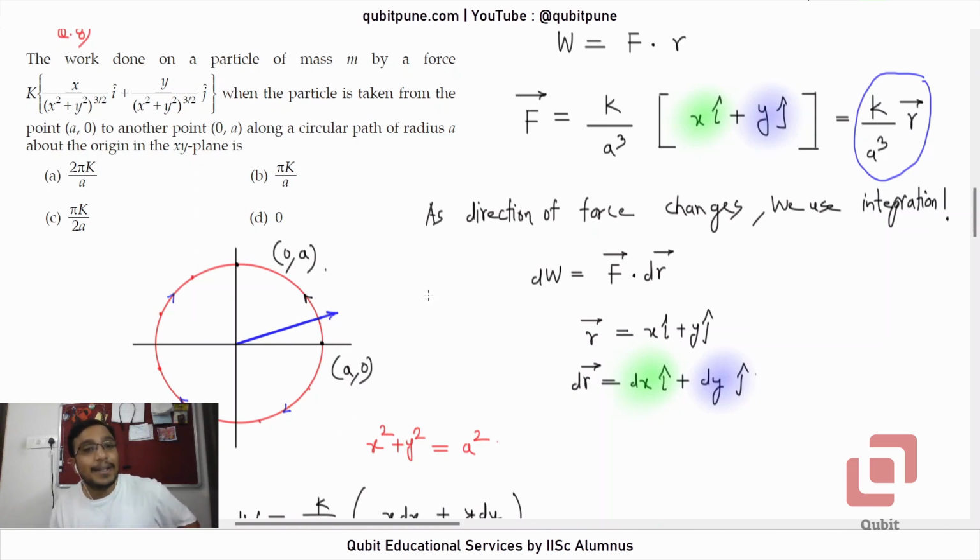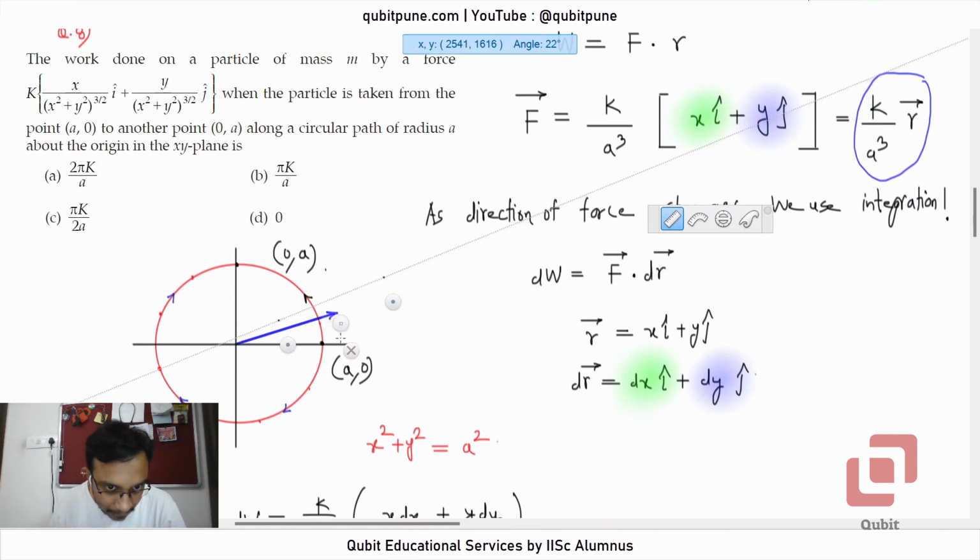Now, understand that if force is always radial and the displacement is always tangential, as it is for a circle, then no matter where the particle is, the force is radial and the displacement is tangential. So force and displacement will always be perpendicular to each other.